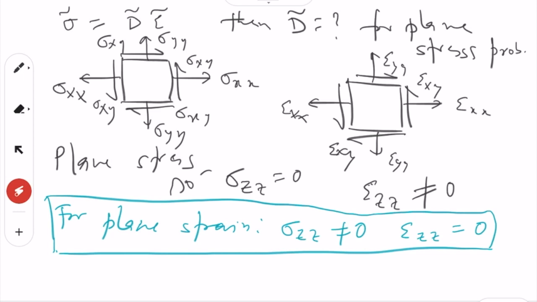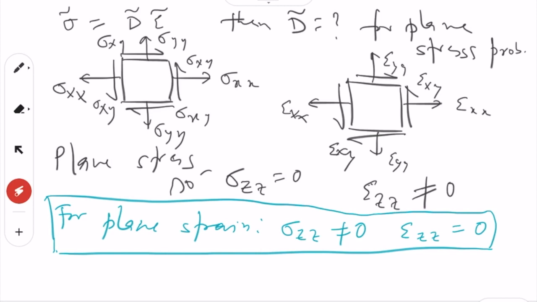I was saying that there is a relationship between stress, this strain and this strain. This strain is not related to sigma xy. This strain, epsilon xx, is related to sigma xx. Epsilon xx is also related to sigma yy via the Poisson's ratio.